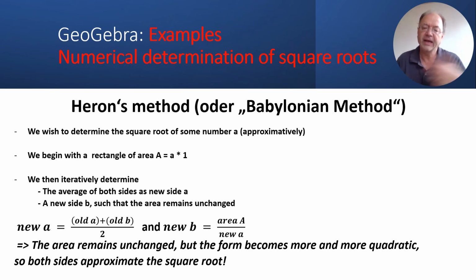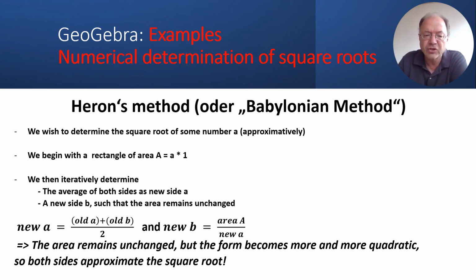So if I repeat this process, it is very clear that my rectangle step by step is turned more and more into a square, and thereby I am getting the square root as the side of the rectangle, because this is getting more and more to a square. Yeah, this is written in formulas here.